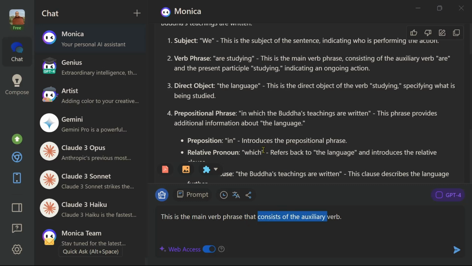It's the same idea. But here you have two clauses. This is a relative pronoun referring to the phrase that consists.